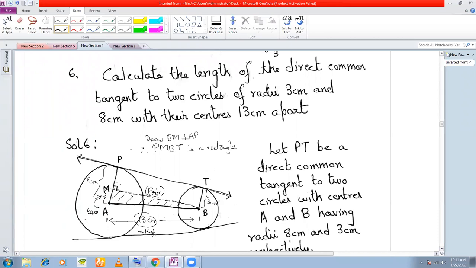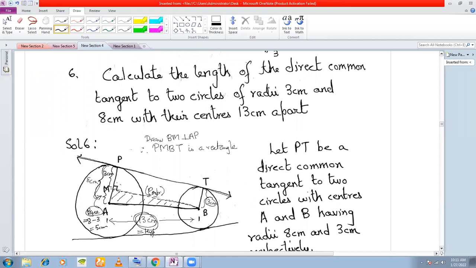And what is the base equal to? If you see, this entire length here is 8 centimeter, and this length here is equal to this 3 centimeter, right? That means this length here must be equal to 8 minus 3, which is equal to 5 centimeter. So I know the base as 5 centimeter. I know the hypotenuse as 13 centimeter.